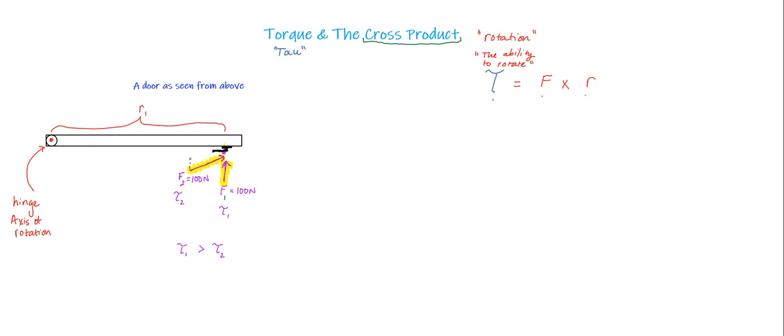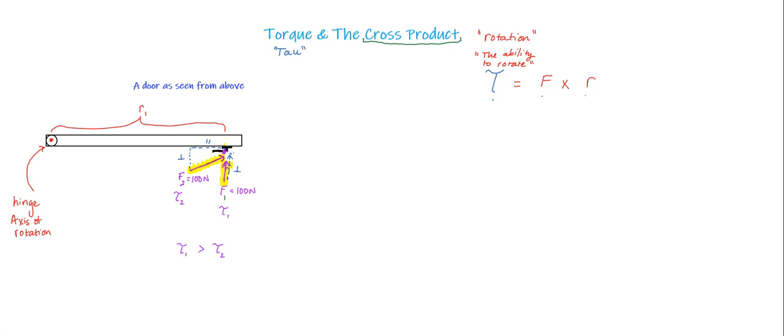I could say that there's this component, which I might call the perpendicular component to the surface of the door, and then there's this component, which I might call the parallel component to the surface of the door. So there's two different components to this force. Now, in looking at force 1, I could say that the perpendicular component of the force is the only component that's present because there is no parallel component.